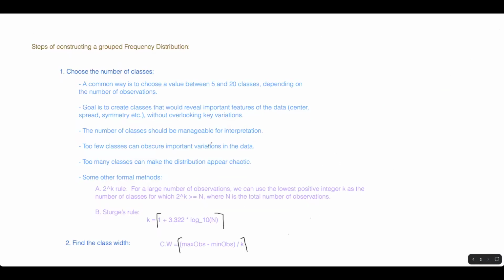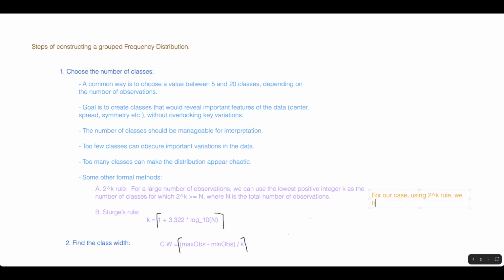So if we use the 2 to the power k rule, the smallest possible value of k for which 2 to the power k is greater than or equal to 50 would be k equal to 6, right?